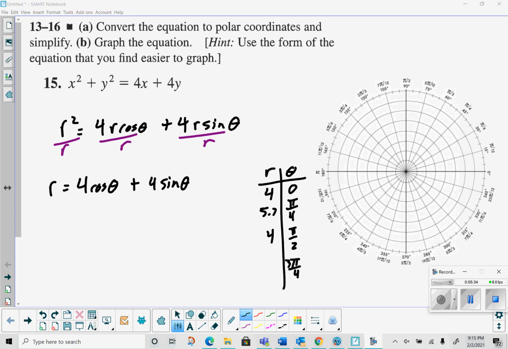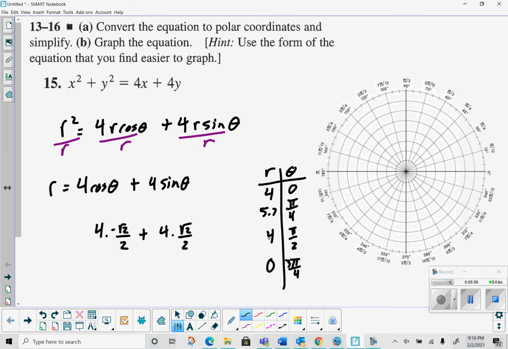So 3 pi over 4 is in the second quadrant. Cosine in the second quadrant is negative, so this is going to give us 4 times negative square root of 2 over 2. But sine in the second quadrant is still positive, so this is 4 times positive square root of 2 over 2.